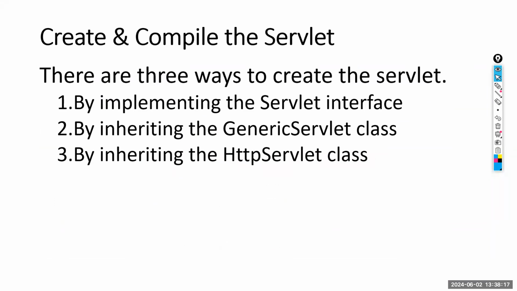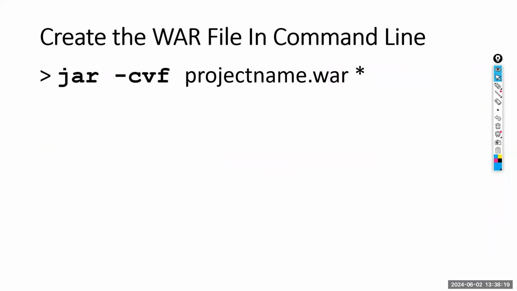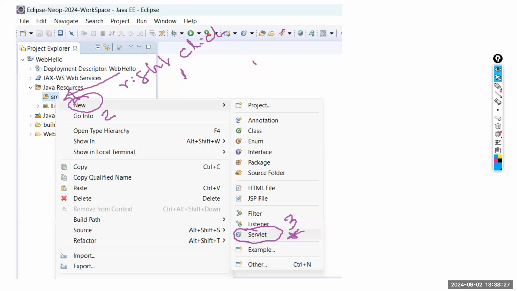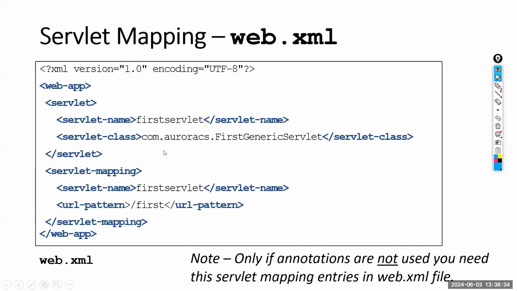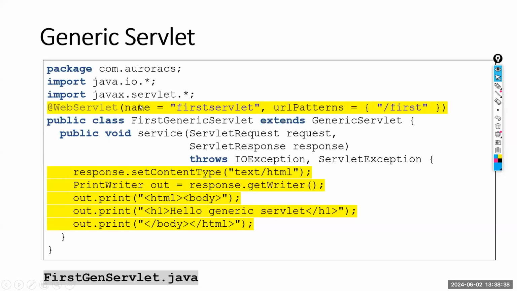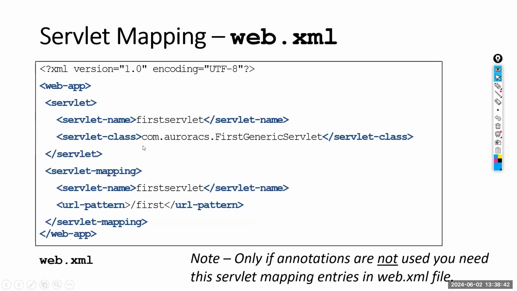Right. So we did some examples of how to create a servlet. First, we created a servlet by extending the GenericServlet class, and then overrode the service method. Then we mapped it using either annotation or web.xml.